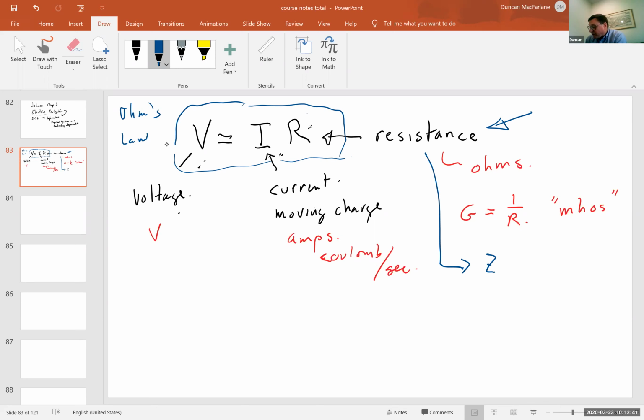So the voltage will always equal a current flowing through a resistance, but in general, we're going to talk about Z, which is an impedance. That's going to be a generalized resistance that we're just going to tackle right off the bat. And the units of impedance will still be ohms, and it has to be because the resistance is going to be the ratio of the voltage over the current.